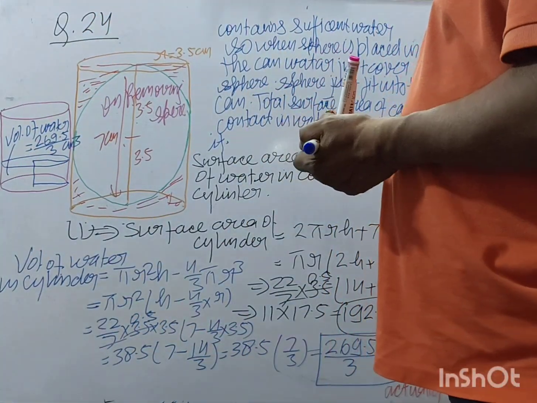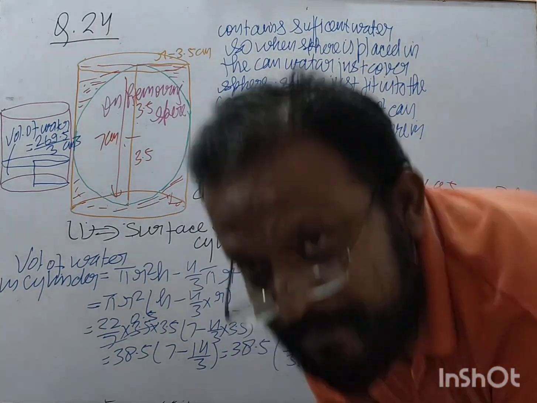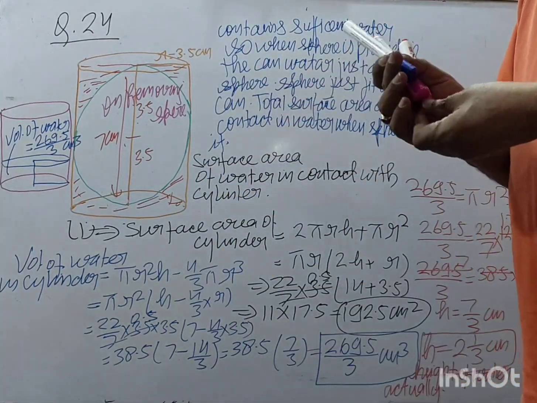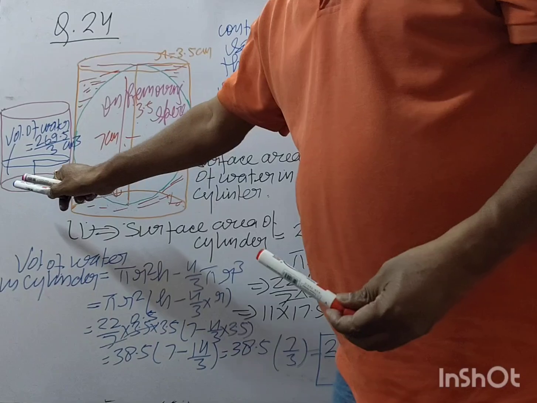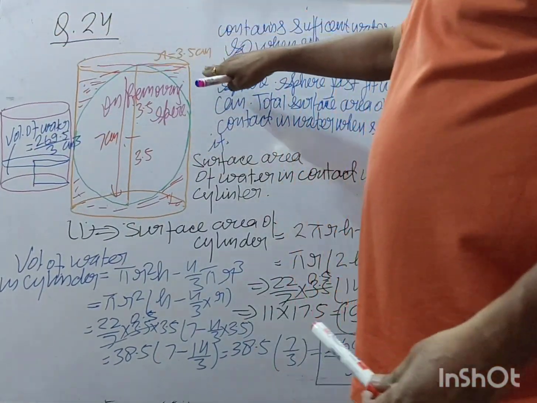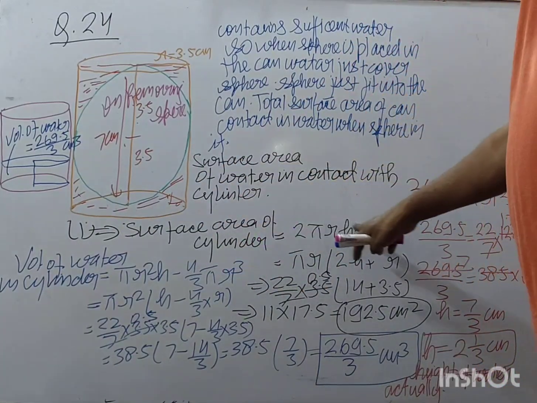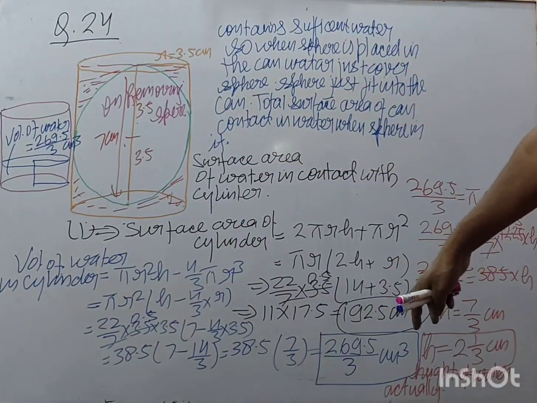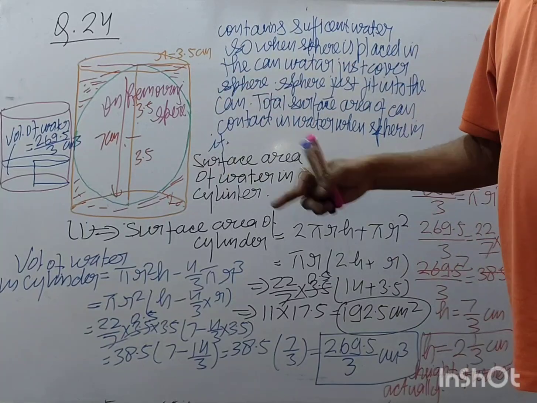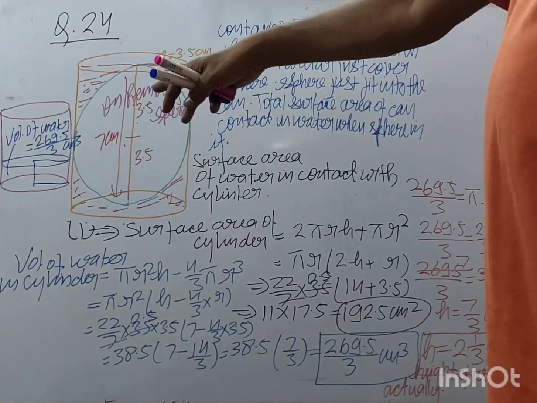This was the exact position. This was the cylinder; when you put the sphere, the water level rises. So how much area is in contact? That is equal to the surface area of cylinder. So from the surface area of cylinder we come to know how much surface of the cylinder is in contact with water.